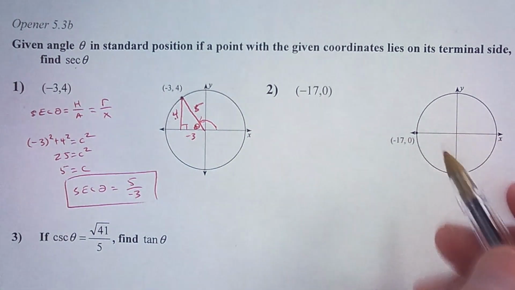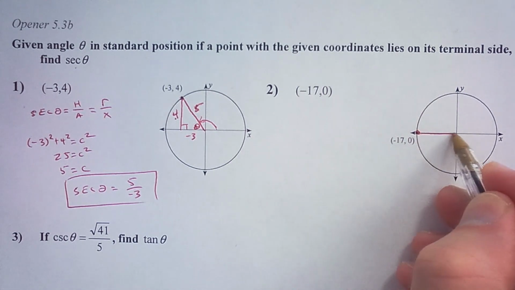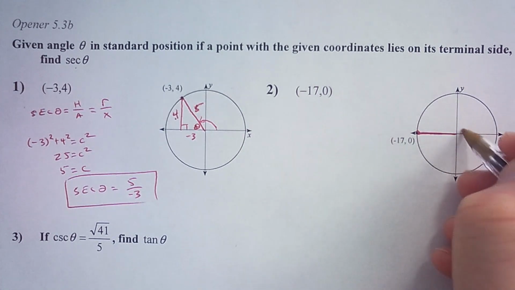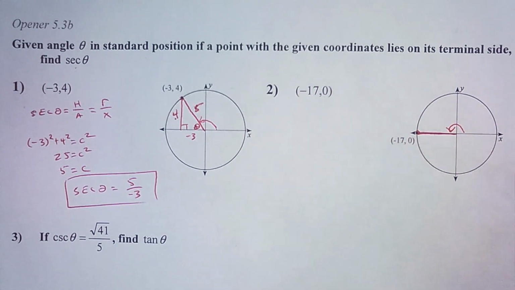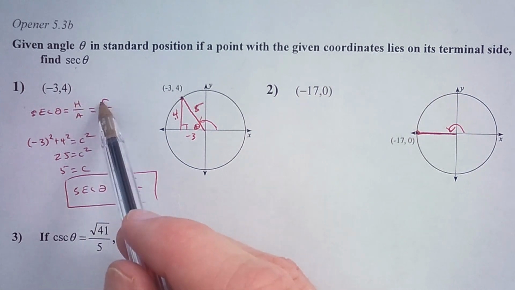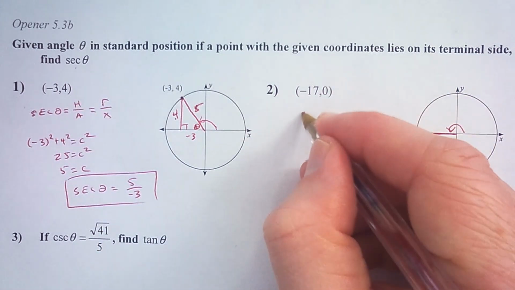Okay, now here, the terminal side has to include negative 17, 0, so it's right here along this negative x-axis. Okay, so it rotated all the way to that x-axis, so we cannot make a right triangle out of it, but we already know secant is hypotenuse over adjacent, and hypotenuse comes from the radius, adjacent comes from the x value.